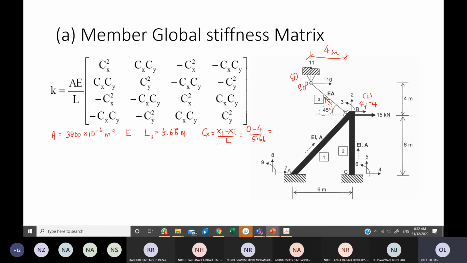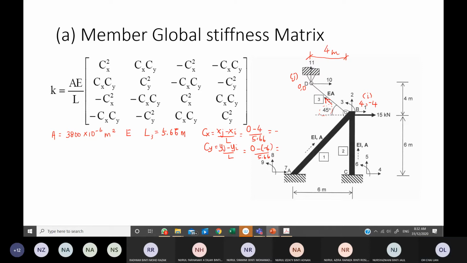Then I'll continue with CY, which is Y at the J minus Y at the I divided by the length. So Y at the J will be 0, and then minus -4 divided by 5.66. Can I have an answer for CX?